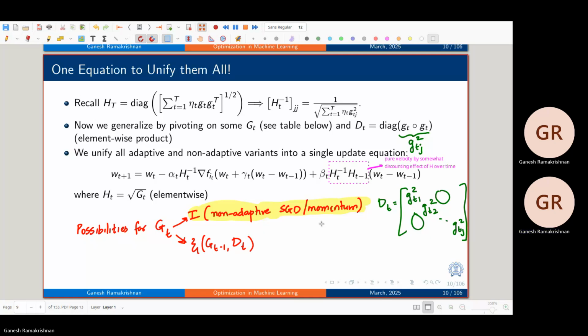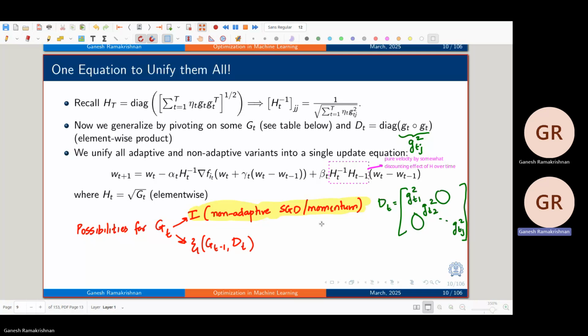So we can write this in terms of some function of GT minus 1 and the current set of gradients squared, presented in the form of a diagonal matrix.